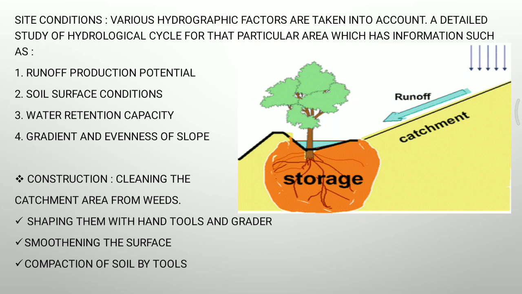So first, site conditions. What are the things that we have to see before constructing a micro catchment? First thing is that various hydrological factors are taken into account. A detailed study of the hydrological cycle for that particular area, which has information such as runoff production potential, how much runoff can be produced, soil surface condition, how much soil can retain the water, next water retention capacity, next gradient and evenness of slope.